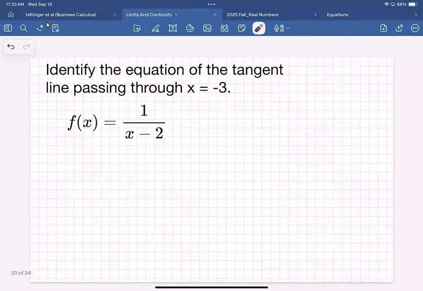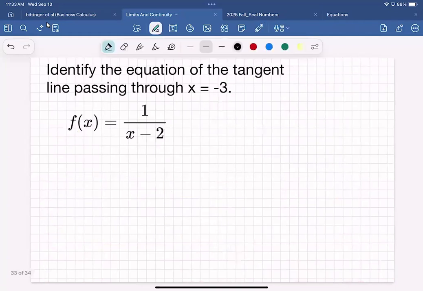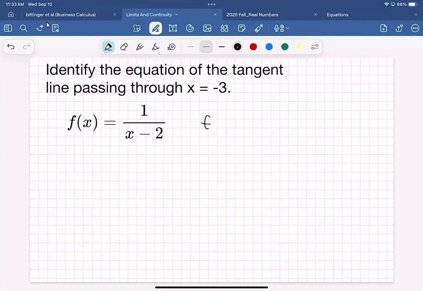All right, so the next one then is, what if I give us a rational function? This time we're looking at x equal to -3. So make sure you see here, our focus is f of -3, another way to write that.